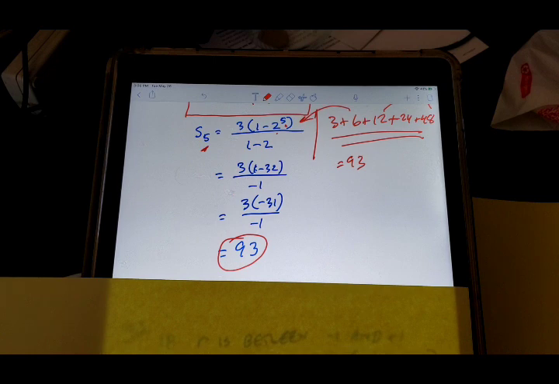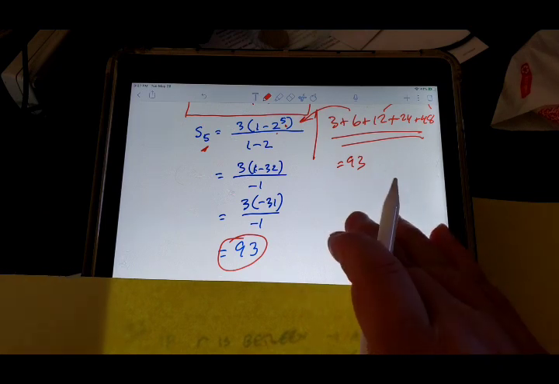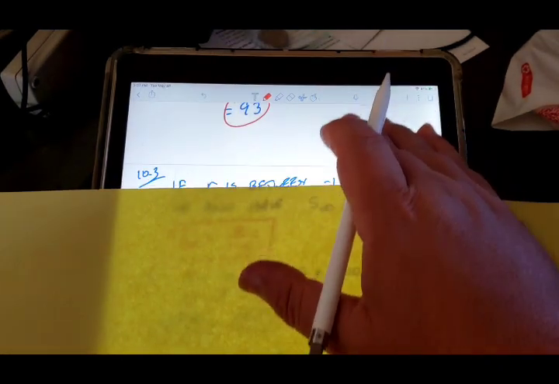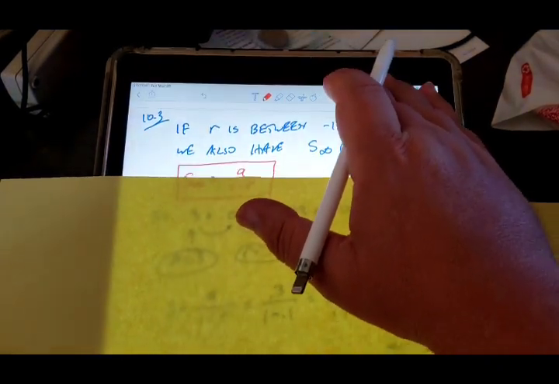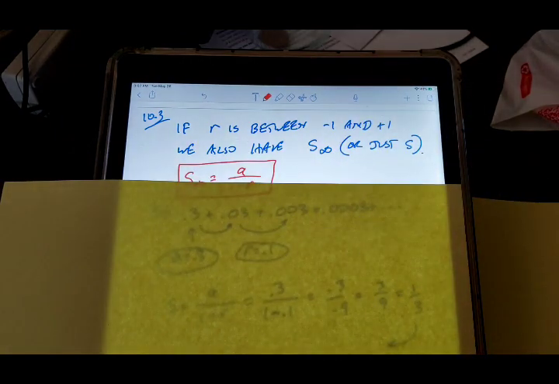But there's something that we have in 10.3 that we don't have in 10.2. And I just got to tell you, this has racked the brains of students, not just students, but professional mathematicians, philosophers for, well, hundreds of years, actually.